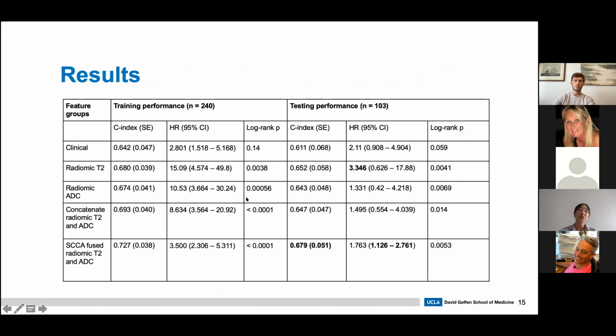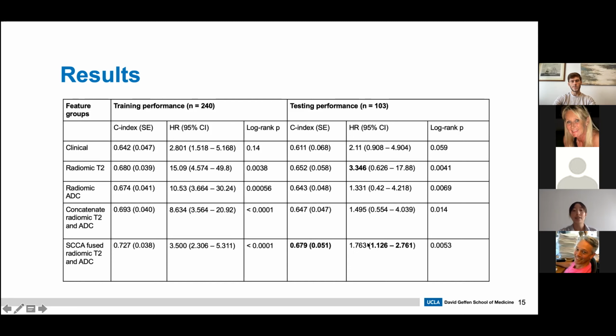This table shows the results on both training and testing, evaluated on the Cox regression produced patient risk score. As you can see, across all the baseline models and the SCCA fused model, the fused model has the best concordance index.